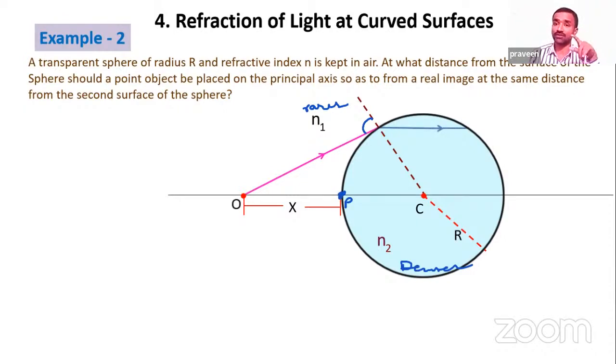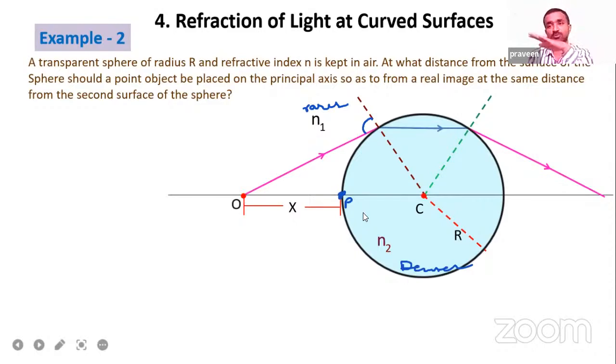Then it reaches the other surface. Again, you need a normal at the point of incidence on the second surface. Here it bends away from the normal, so it meets the principal axis. So I got that light ray going to meet the principal axis. Then I need the second ray, that is along the principal axis.